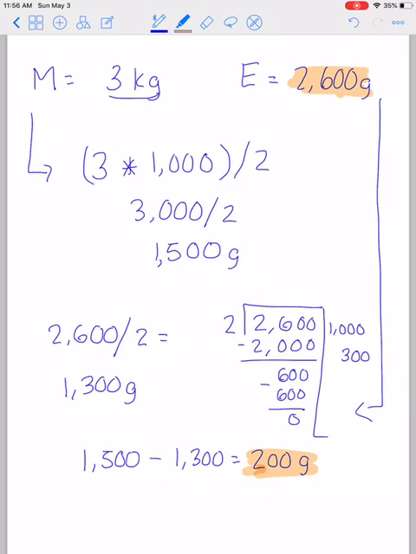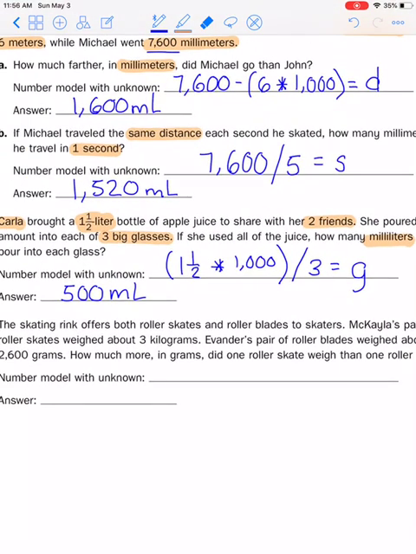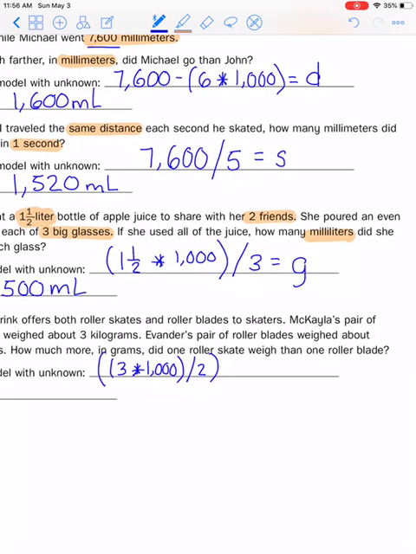So how are we going to write that as a number model? Because remember, they're asking for it as a number model with an unknown. So we're going to do it how we did the steps. The first thing we did was we took the 3 kilograms and converted it to grams. Then we divided by 2 for how much each skate weighs.